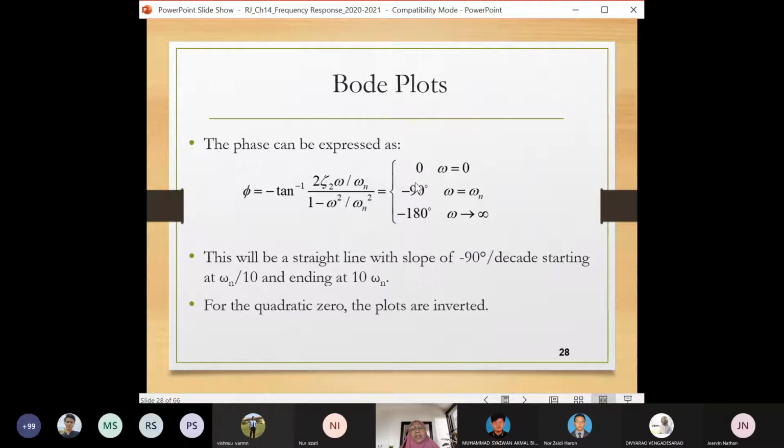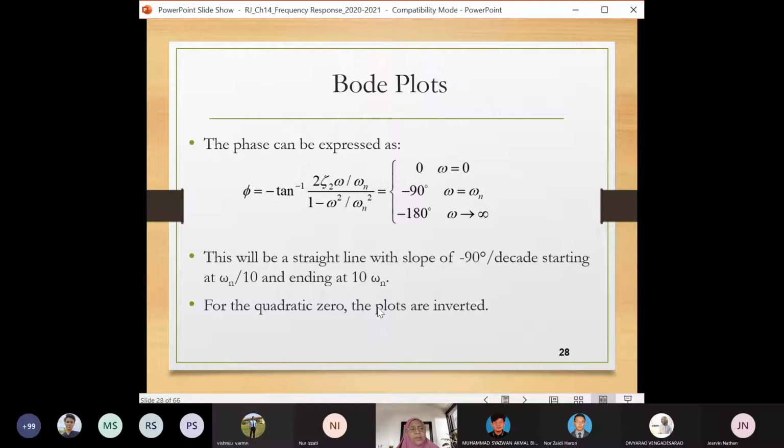So there are only 3 sections, 0, 90 degrees and 180 degrees. Maximum is 180 degrees. This will be a straight line with a slope of negative 90 degrees, starting at omega n over 10 and ending at 10 times omega n. In the middle there is no multiplier, so you will have 3 sections of it.